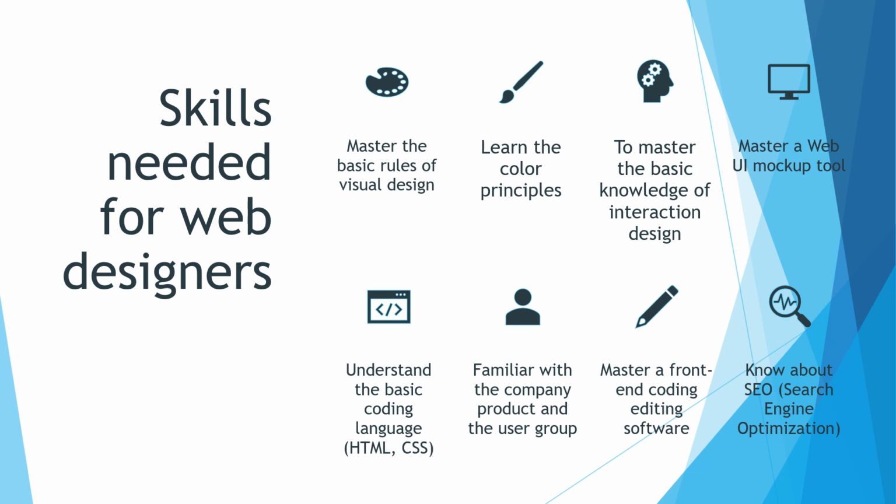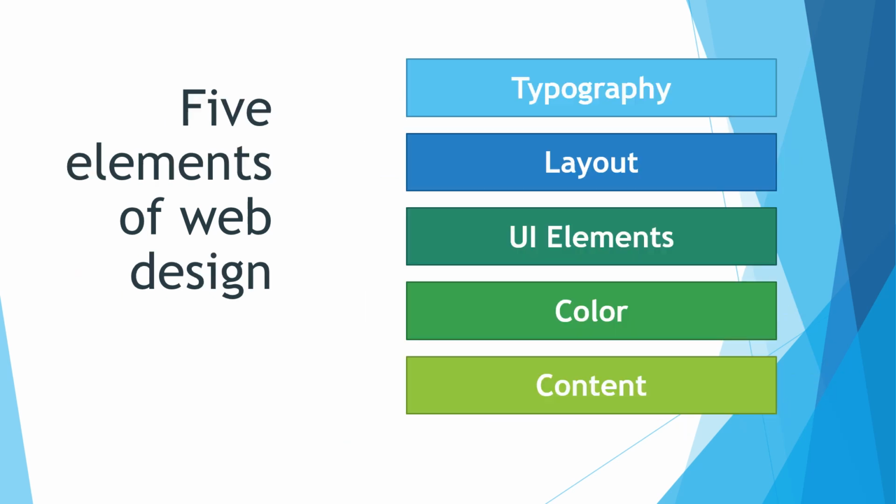And then, of course, knowing about SEO, which is search engine optimization. Now, any interaction design like web design that hopes to be successful must prioritize visual interaction in these five different elements of web design, which is again typography, layout, UI elements, color, and content.